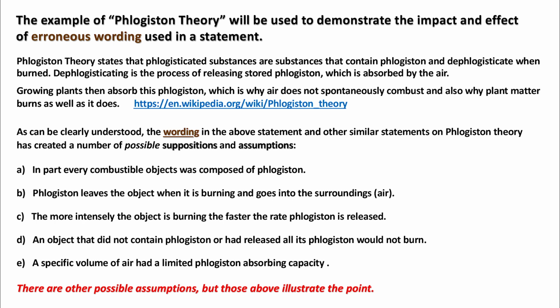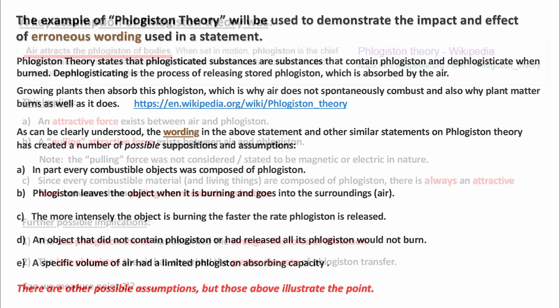C. The more intensely the object is burning, the faster the rate of phlogiston is released. D. An object that did not contain phlogiston or had released all its phlogiston would not burn. E. A specific volume of air had a limited phlogiston absorbing capacity. There are other possible assumptions, but those above illustrate the point.